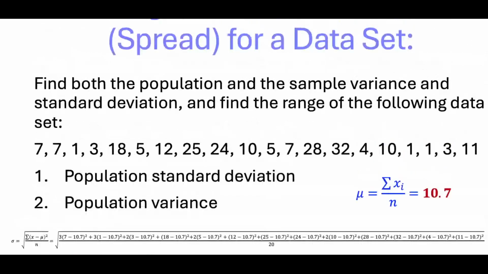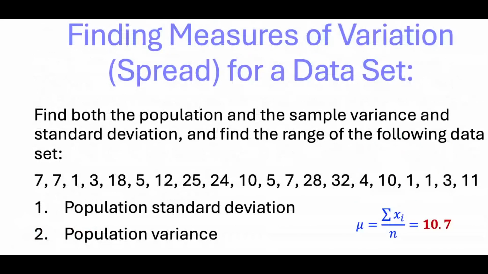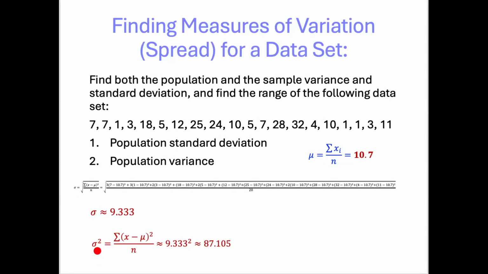Now just real briefly, let's talk about what standard deviation and variance are. We said that they are a measure of spread. So standard deviation is just one of our measures of spread. It's exactly what it says. Standard is kind of like the typical or the average amount, and then deviation means how much does it deviate from, how much does it vary from a certain amount. So when we talk about standard deviation, we're looking to see how much each of our data points varies, how far away, how much each data point deviates from the mean.